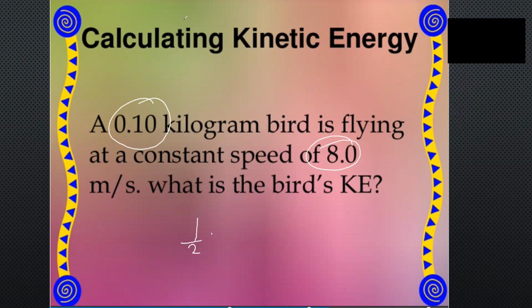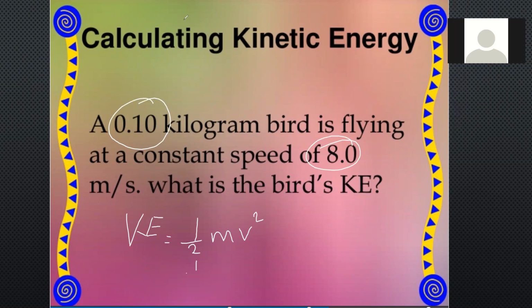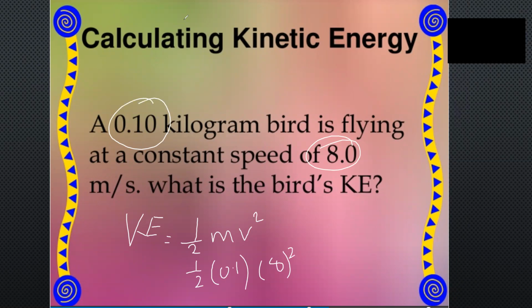It is half mv squared: mass and velocity squared. So half times 0.1 times 8 squared. That's 64 divided by 2, which is 32, times 0.1, it will be 3.2.